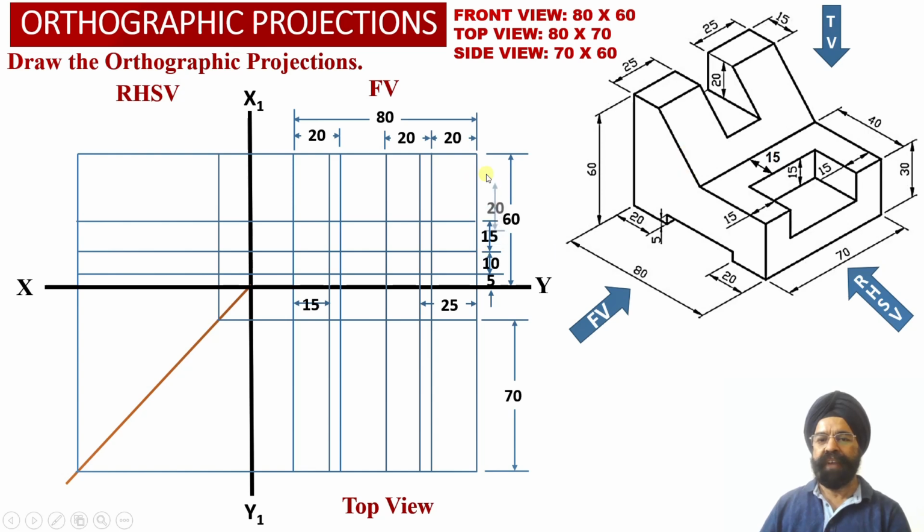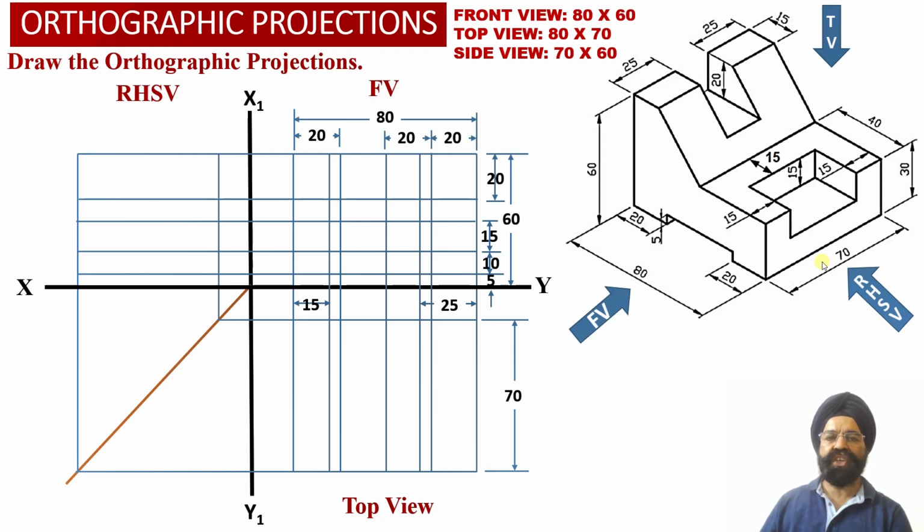So now we are going to mark a distance of 20 millimeter from the top surface of the solid, and we are going to obtain a horizontal projector line into the orthographic front view projections, and we are going to extend this horizontal projector line appropriately into the right hand side view projections as well. Now we have been able to evaluate the location of different elements corresponding to this engineering object.